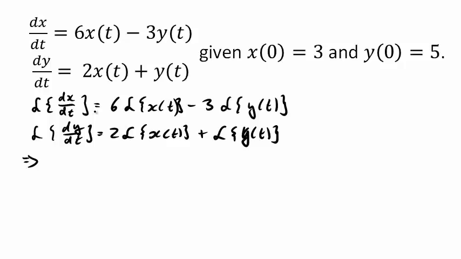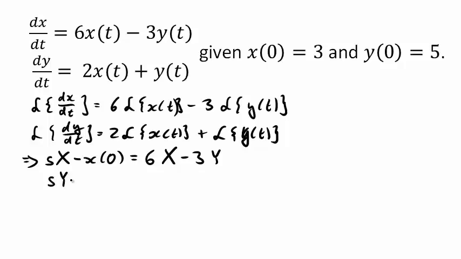So in the next step, the Laplace transform of dx/dt, look this up on the table, that is s times the Laplace transform of x minus the function little x at 0. And on the right hand side I've got 6 times capital X, the Laplace transform of little x, minus 3 times capital Y, the Laplace transform of little y. And for the second equation I've got something similar, only that we now are dealing with y.